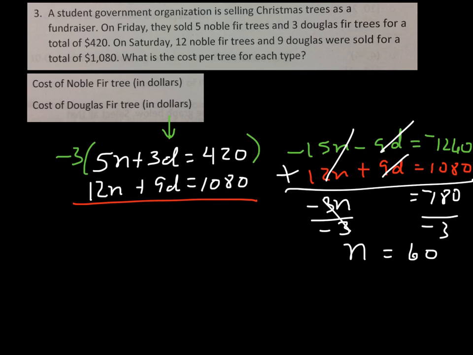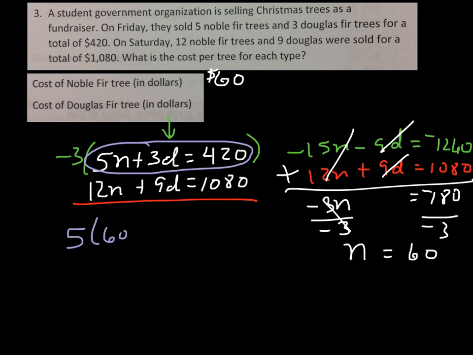Now remember, N is our noble fir tree, so that means it costs $60 to get a noble fir tree. Now I need to find out how much it's going to cost for a Douglas fir tree. So I'm going to use the information I have and plug this in. I can choose either equation, it doesn't matter. I'm going to choose this one right here because it's smaller. So I'm going to plug in 60 for N. So 5 times 60 plus 3 times D equals 420.